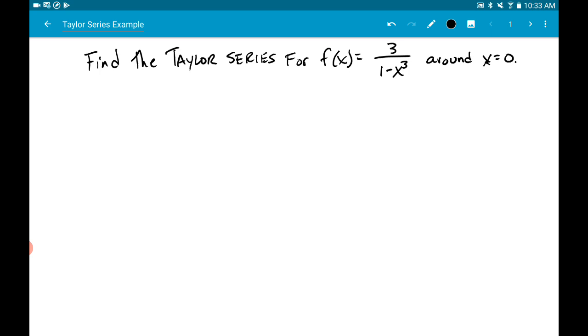So here we go. One thing is to first think of this as 3 times this. Think of the 3 as a constant. Constants are nice.